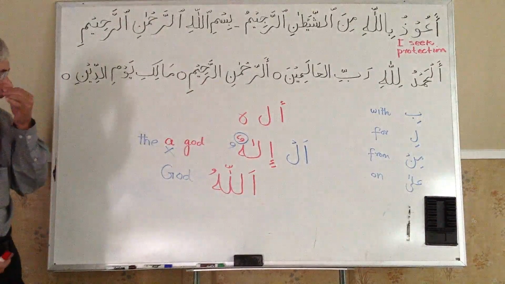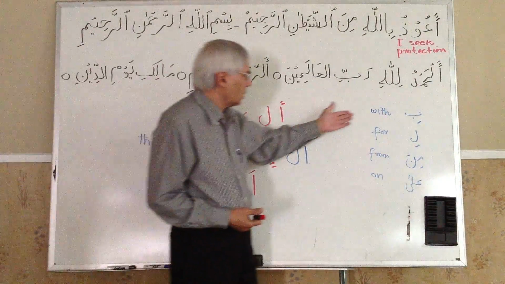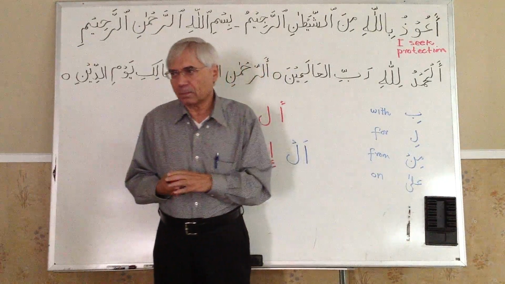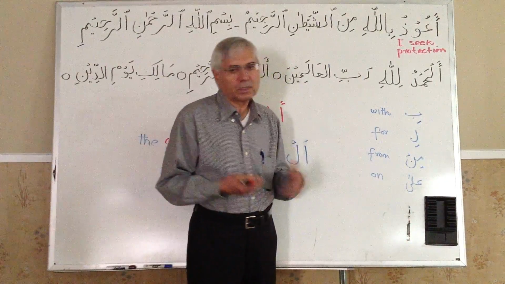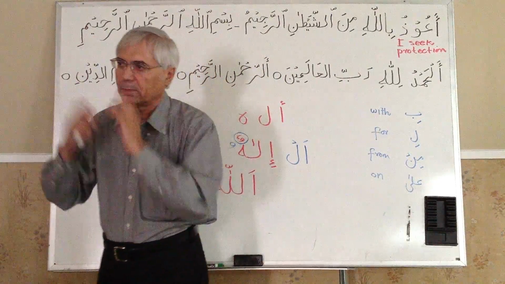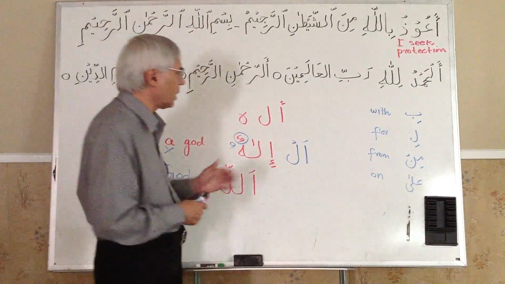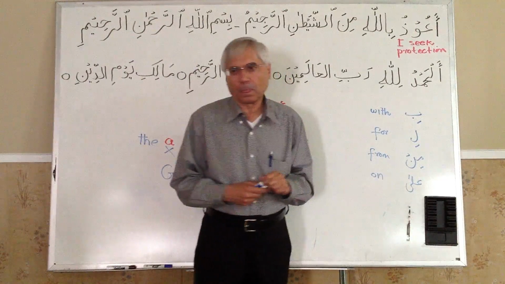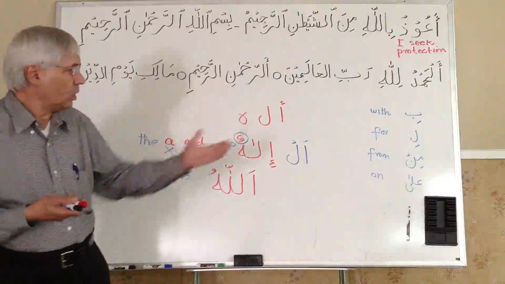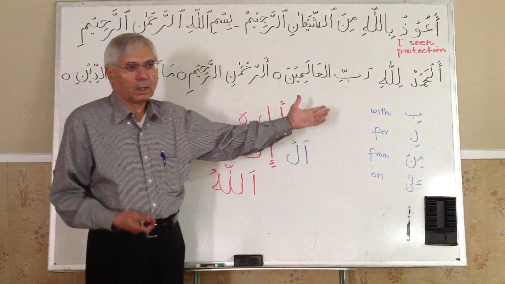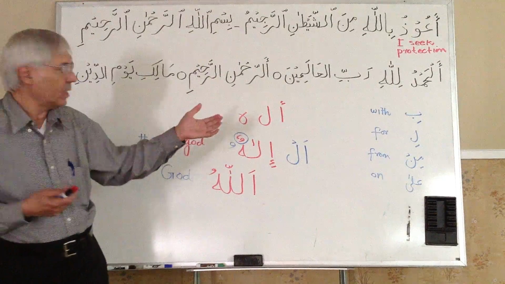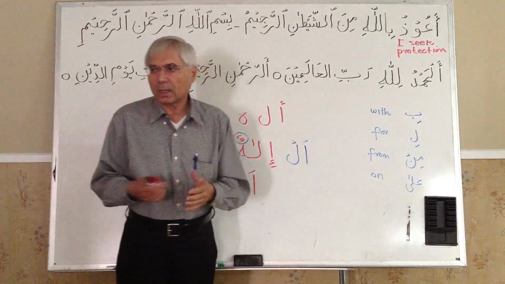In Arabic, these words translate in English like this. Bi means with, li means for, min means from, and ala means on. Okay? They are called prepositions. When in English we use these prepositions, we just combine.